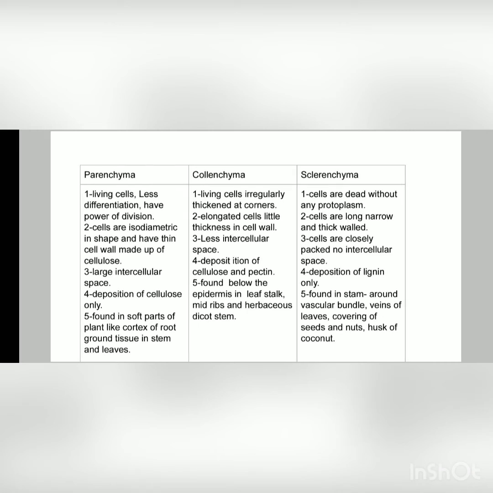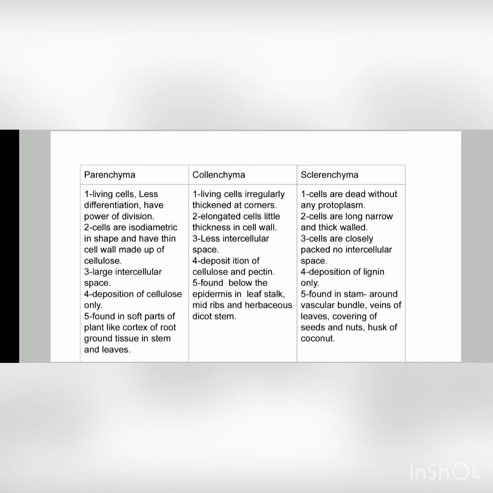The fifth point is where we can find parenchymatous tissue in plants. So parenchyma is found in soft parts of plant like cortex of root and ground tissue in the stem and leaves. So it acts like filler tissue in the plants.